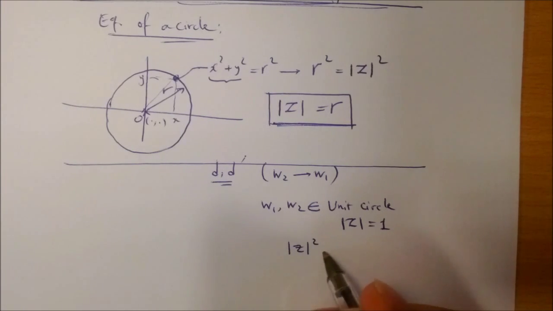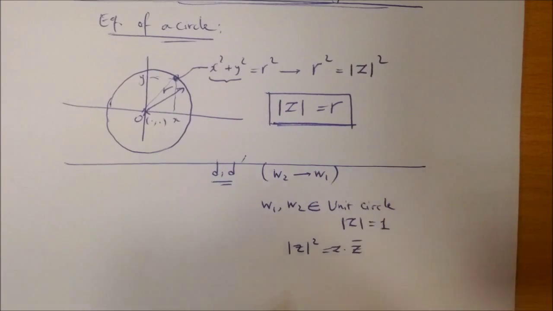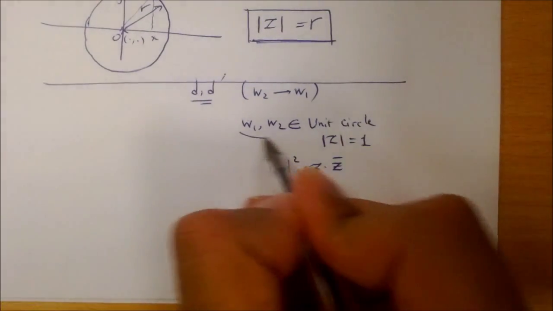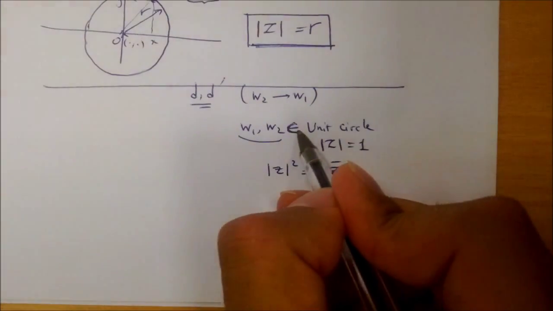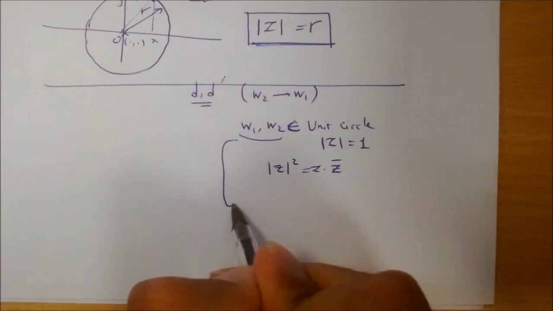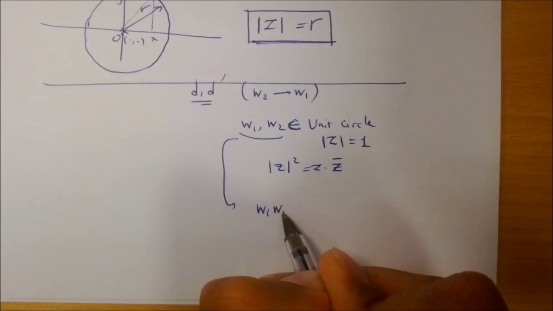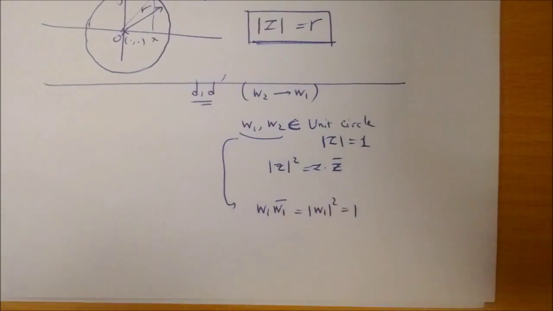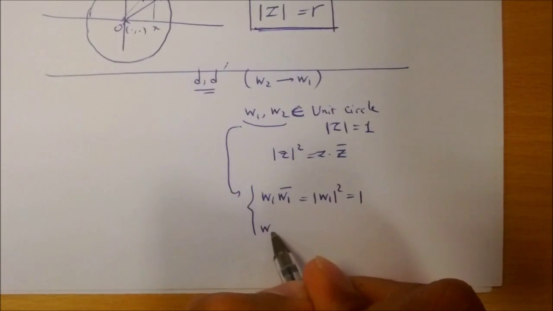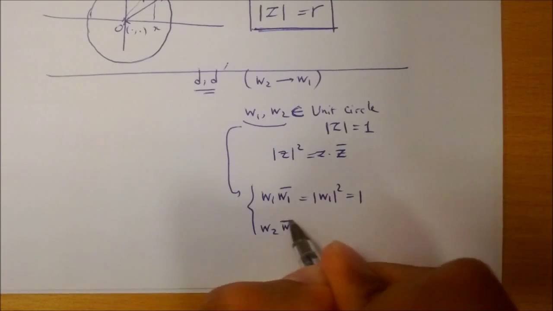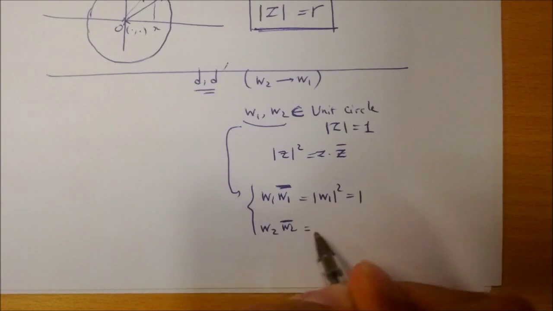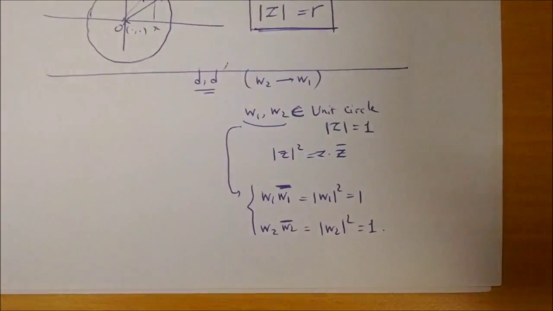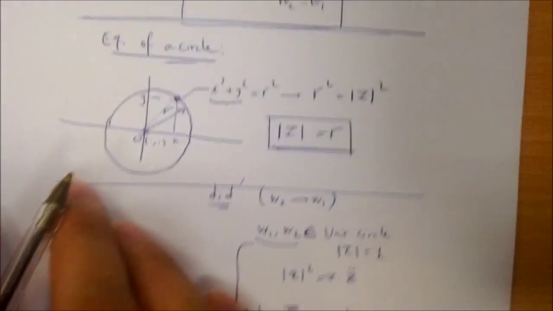We had this equation, these important equations in the theory of complex conjugation. So if W1 and W2 belong to the unit circle, I'll have W1 times W1 bar, which is the norm of W1 squared, equal to 1, and W2 bar equal to 1 over W2, since the norm of W2 squared is equal to 1.